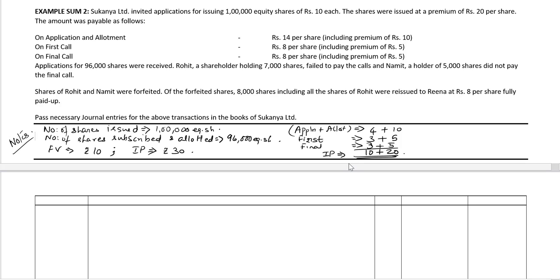The number of shares reissued: 8,000 shares including all the shares of Rohit were reissued. So Rohit's 7,000 shares plus Namit's 1,000 shares were reissued.